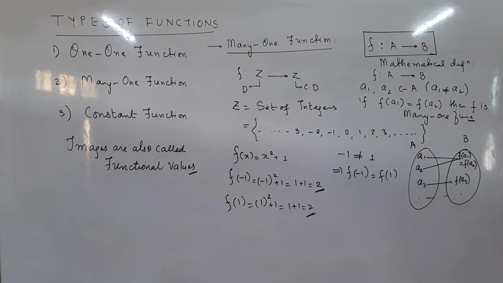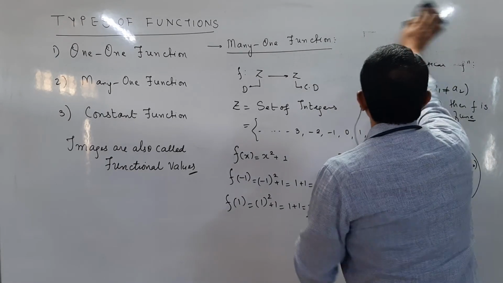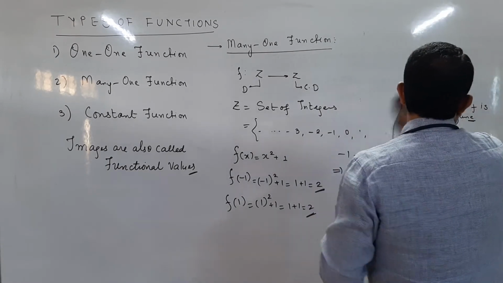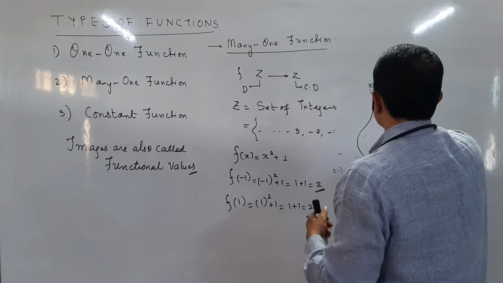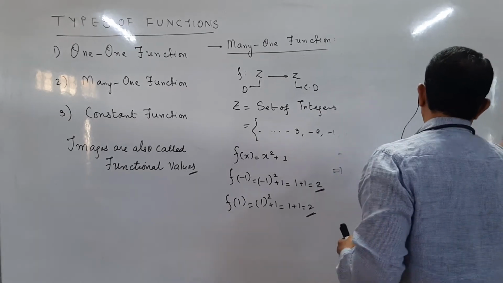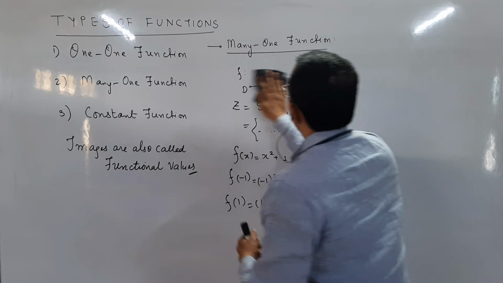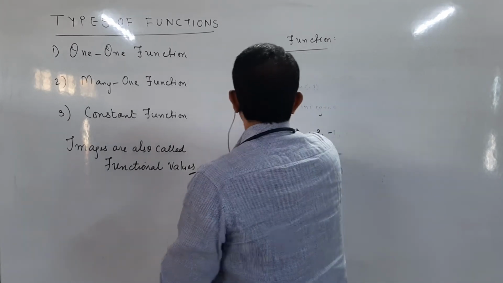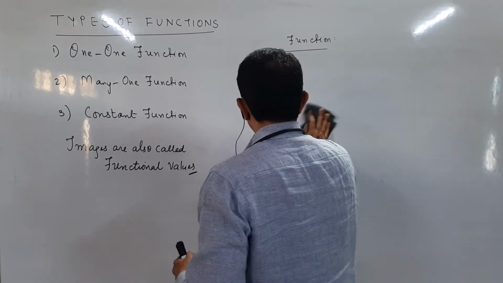Now students, the last definition, it is the constant function. All of you pay attention. The last type of function which is there in your syllabus and defined. So students, all of you please pay attention. The last type of the function is a constant function.